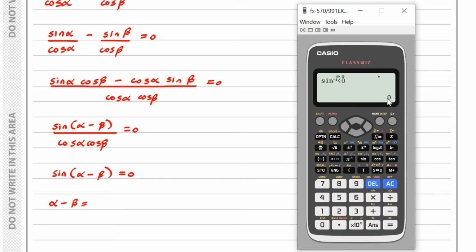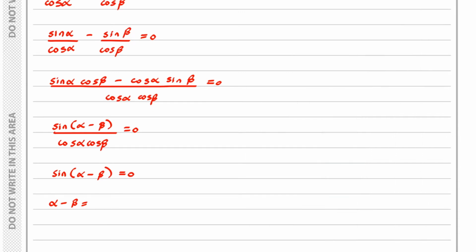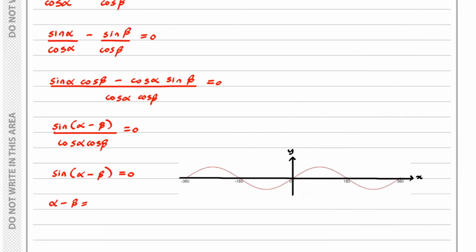And if you think about the graph of sine, let's quickly draw that. Hopefully here you can see that sine of alpha minus beta equals 0 implies that alpha minus beta is equal to 0, 180 or 360.